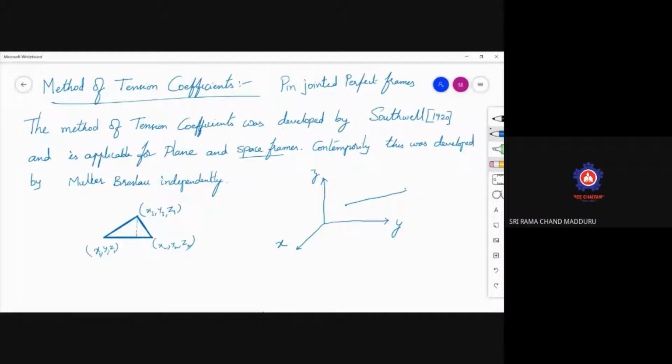So just write down here the member is AB. Here we will assume that the force in the members will be considered as tension. The force in the members is to be considered as tension, and this is TAB.